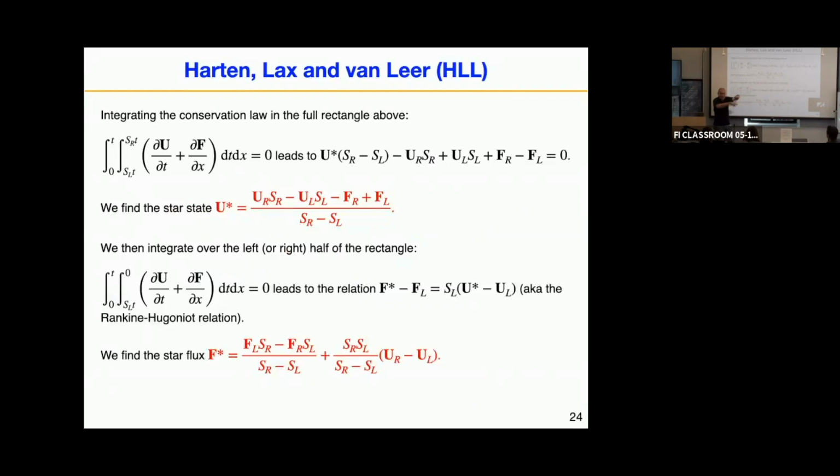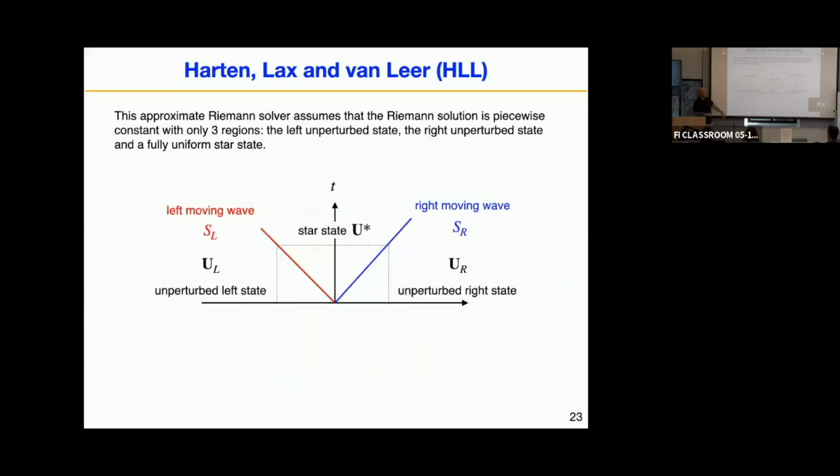There is no profile, right? So it's the flat thing. So you get this. And then you apply it a second time on the right wave, you get another relation that gives you the flux. And boom, you have the Godunov flux that comes out directly. Right? And of course, there is one complication, which is that you need to compute the left and the right speed. What are those?